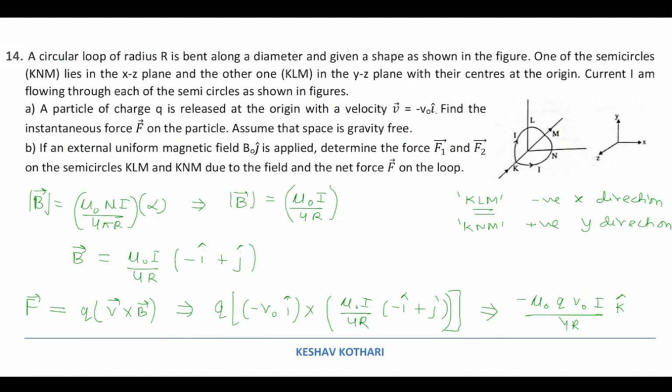But here the loop is carrying current in the opposite sense in the two halves. If it were a single loop, the current would go like this, from here to here and then from here to here. But the two are carrying current in the opposite sense, and hence the forces are not cancelling each other to give zero resultant, but adding up to give the total value, that is 4BIR in the i cap direction.